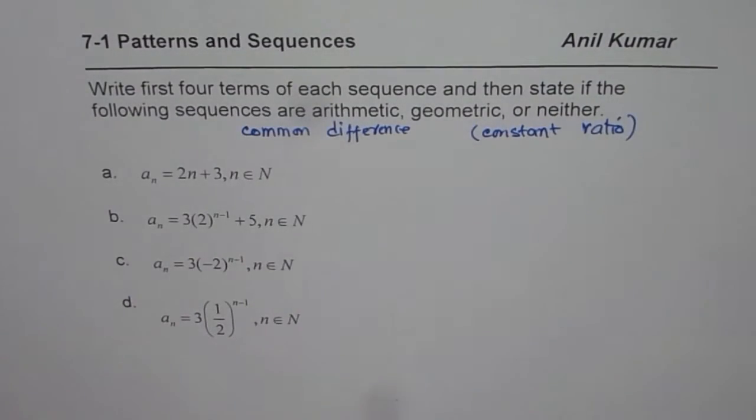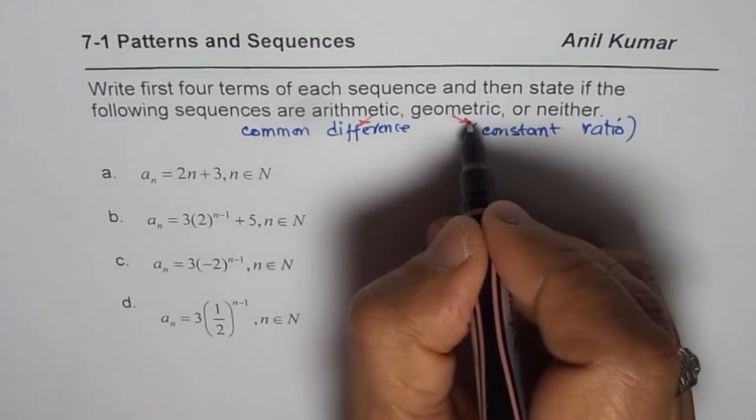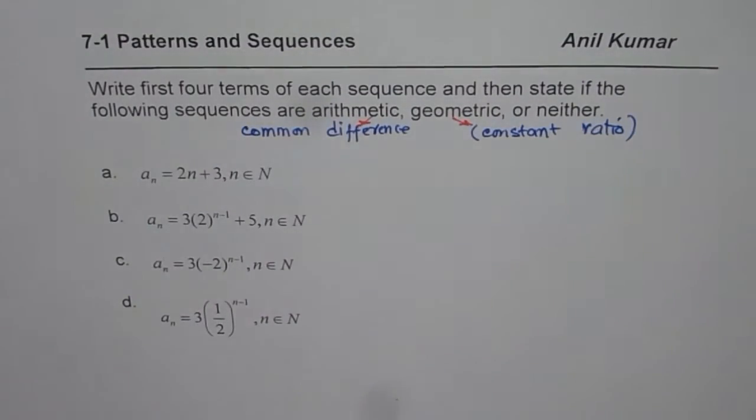So these two things are what we are looking for, correct? So common difference or constant ratio. If we don't have that, then it's neither, right? So from the terms, you can always compare the successive or consecutive terms to figure out whether we have a common difference or constant ratio. If not, then it is neither, right?